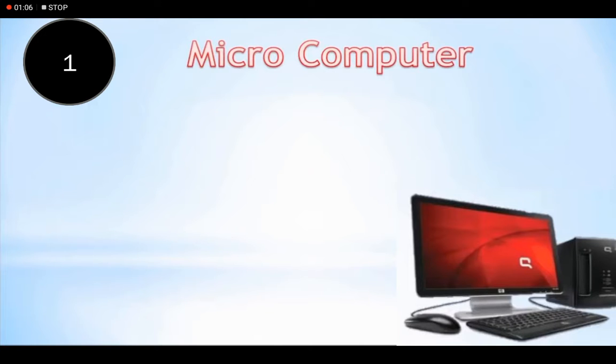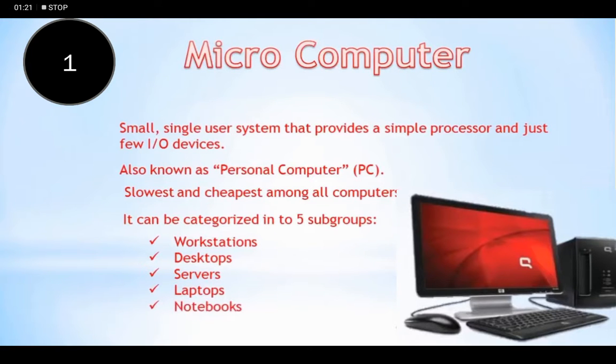As you can see in this image, this is a desktop which we generally use in our home or school or many other places. So our normal computer is also known as a microcomputer. It is a small single-use system that provides a simple processor and just a few input output devices, also known as personal computer or PCs.